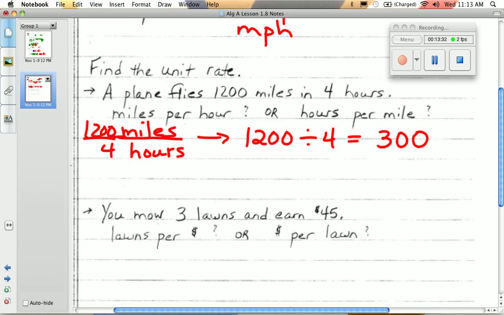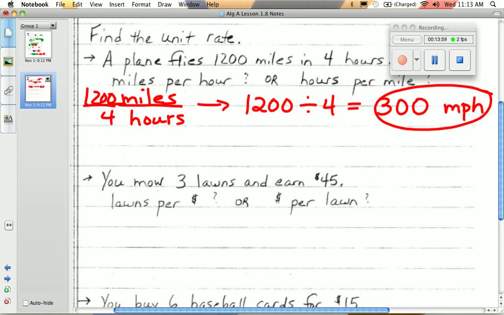The label would be miles per hour. Only planes should be going that fast, right? Okay, so 300 miles per hour. So when we're doing a unit rate, we do actually divide it out, because it's going to be per 1.